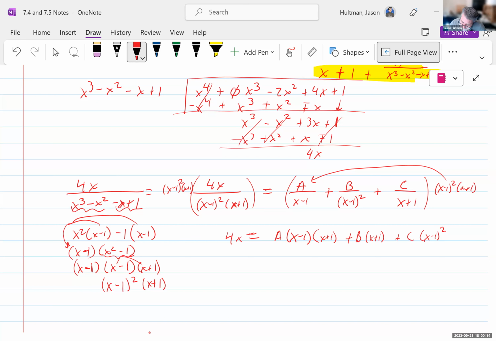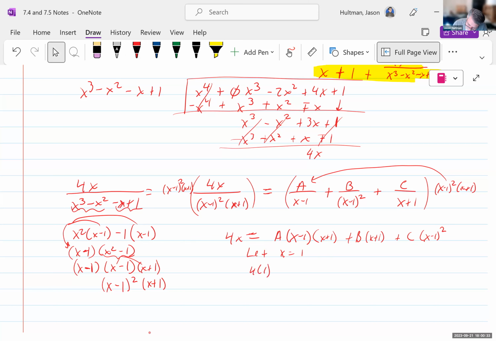Okay, so let's see what we can do with this. If I let x equal 1, then everything goes away except for the b term.